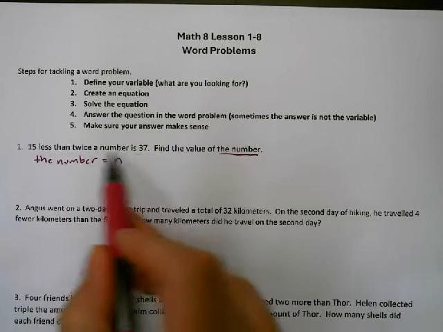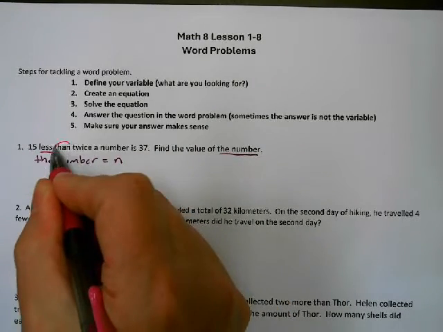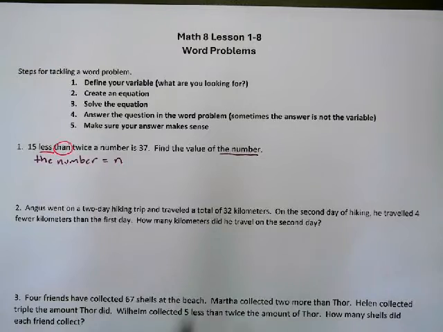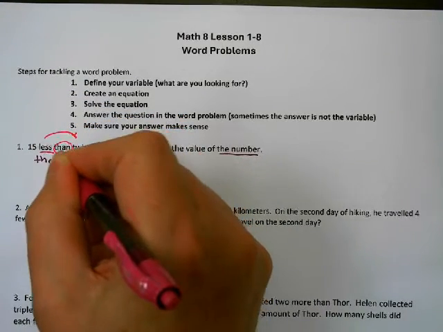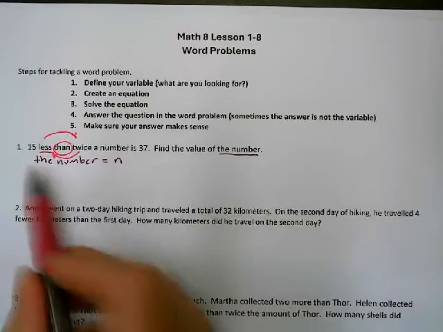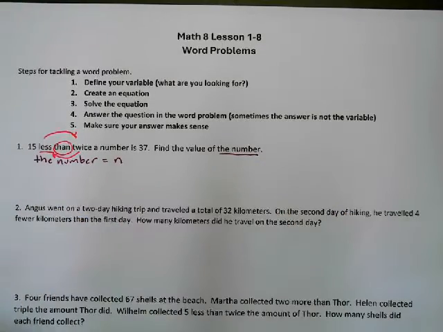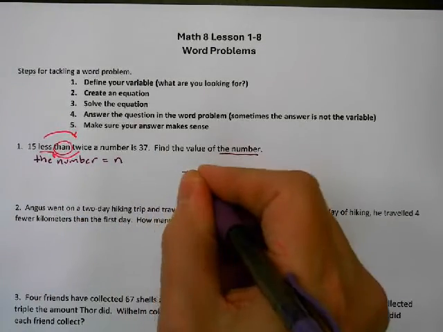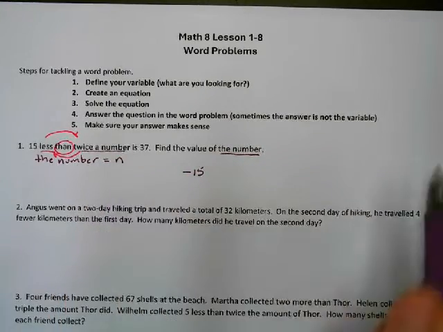All right, now I'm going to make an equation. Now this is very similar to our last lesson. We've got 15 less than. Remember, that meant we would switch the order. So I'm going to switch negative 15. I'm going to put that at the back. And I'm going to put twice a number at the front.